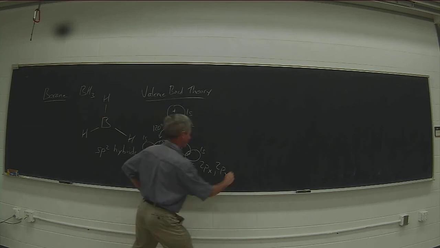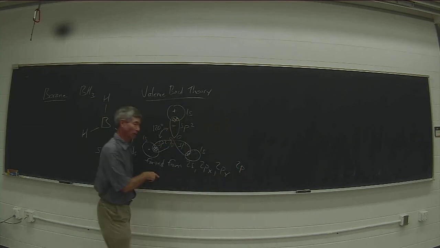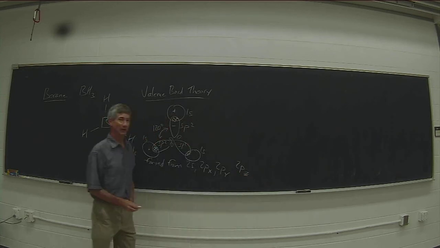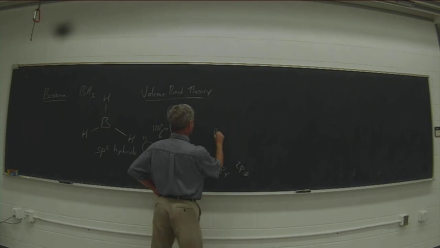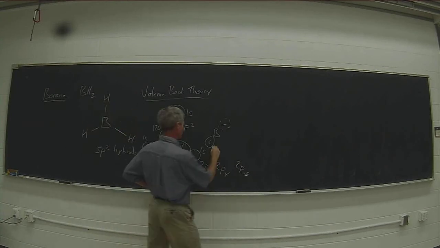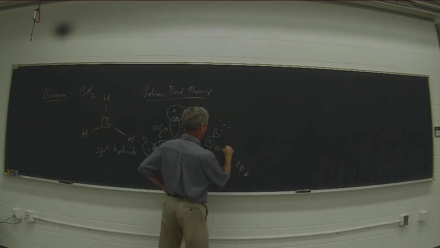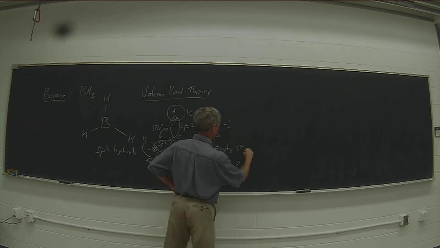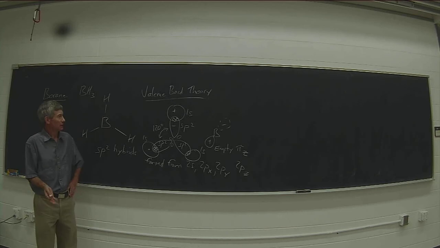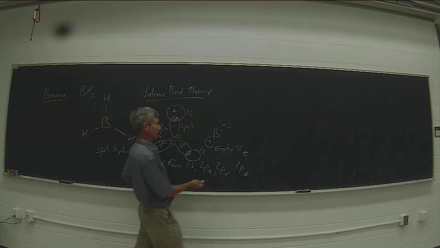The 2py orbital and the 2px orbital are used in forming the hybrids. There's still a 2pz orbital that has not been used, and so in addition, boron would have an unhybridized empty 2pz orbital, which we would simply rename pi z because it has pi symmetry, and now it's a molecular orbital instead of an atomic orbital.